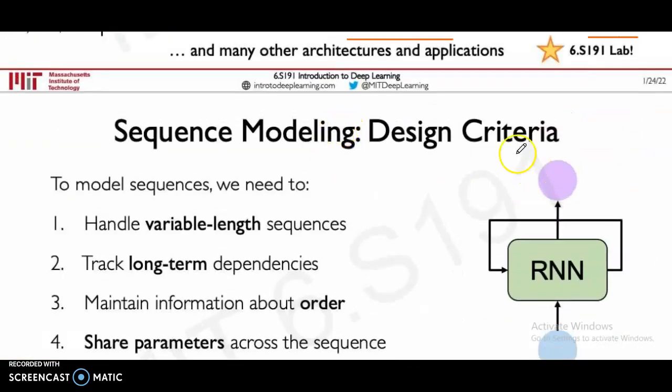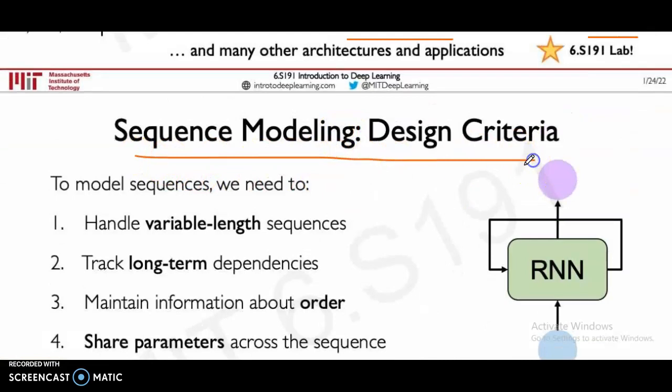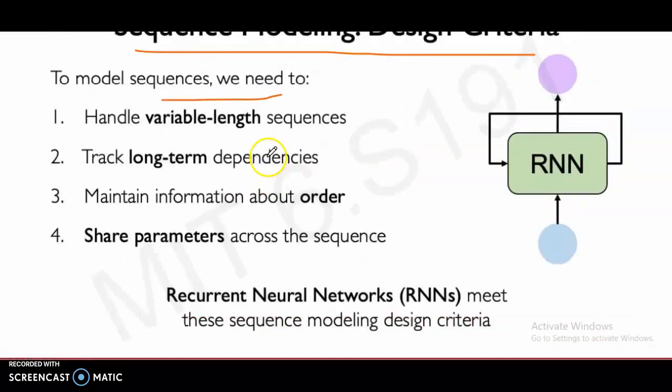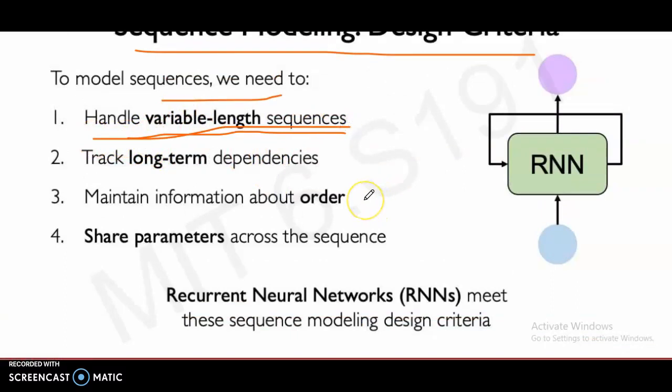Sequence modeling design criteria. To model sequences, we need to handle variable-length sequences. What is the meaning? Variable-length sequences have to be handled. Second, track long-term dependencies.